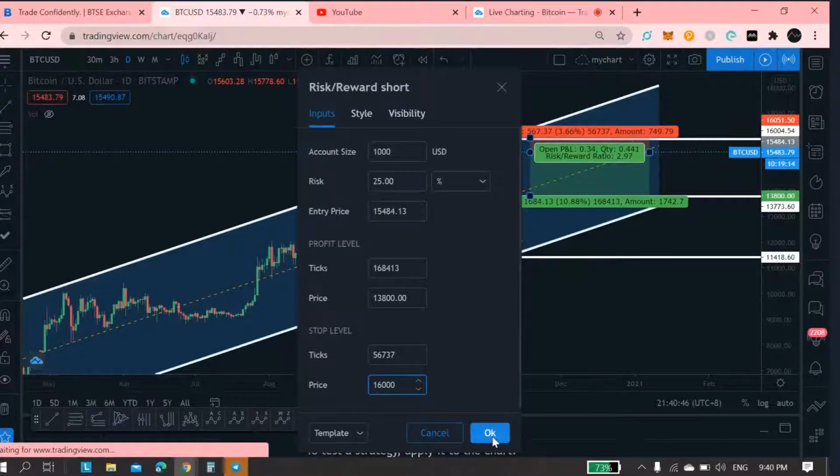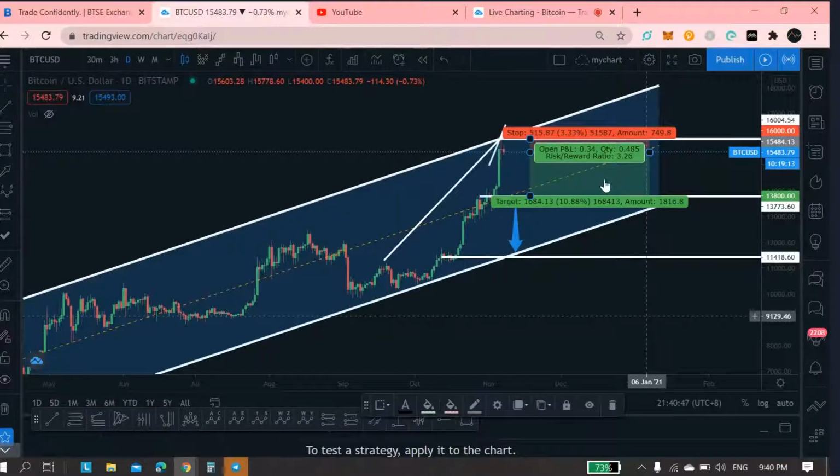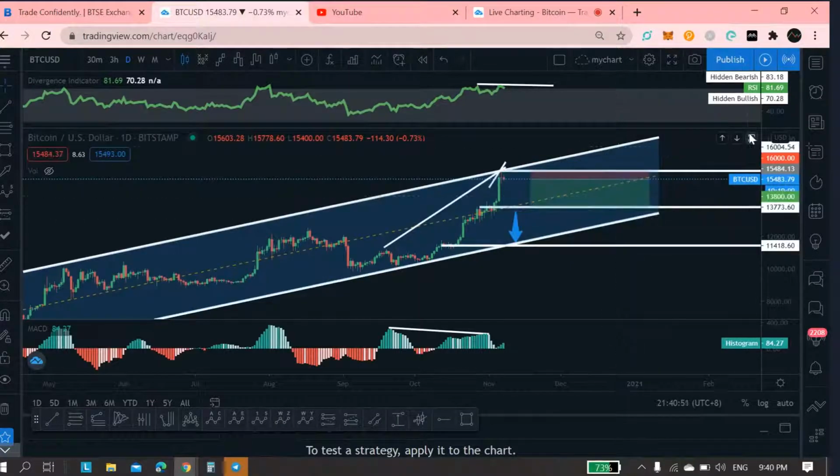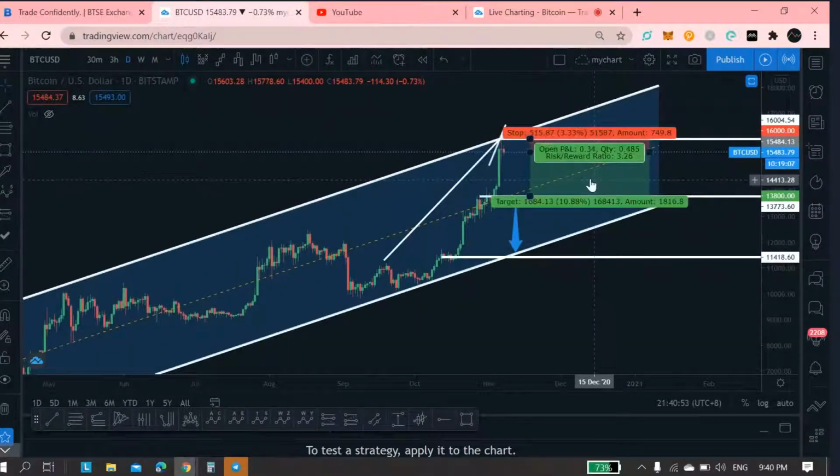So let's see. That's a risk reward ratio of 3.26. Normally, I enter the trade when the risk reward ratio is at least 2.